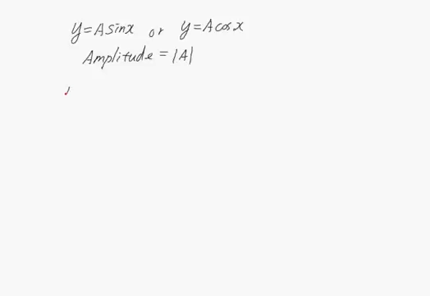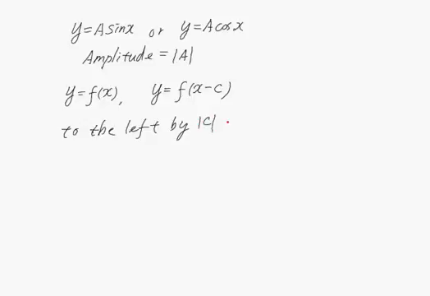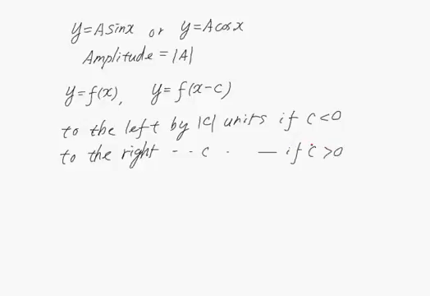So if we have one function y equals f of x, and another function y equals f of x minus c, then you can get the graph of y equals f of x minus c by shifting the graph of y equals f of x to the left by the absolute value of c units if this c is less than 0, or to the right by c units if this c is positive. And this stuff we learned in Math 135.